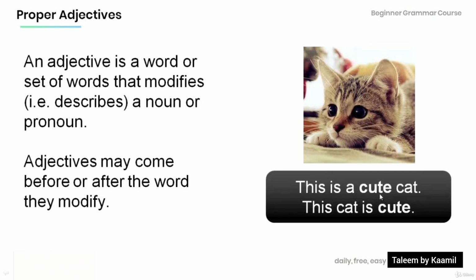The adjective cute modifies or describes the noun cat, and it comes before the noun. And in this sentence, this cat is cute. The adjective cute describes the noun cat, but note that it comes after the noun.